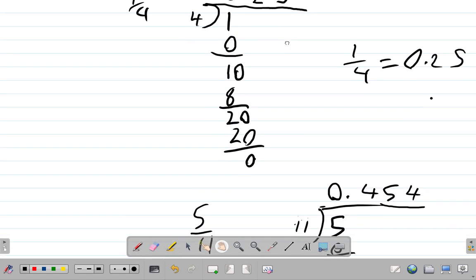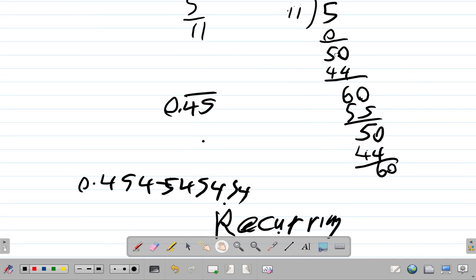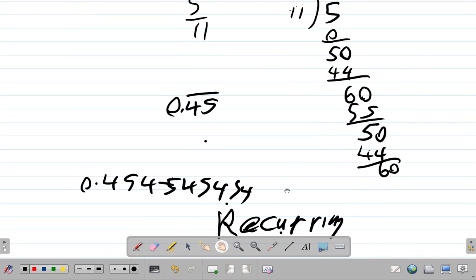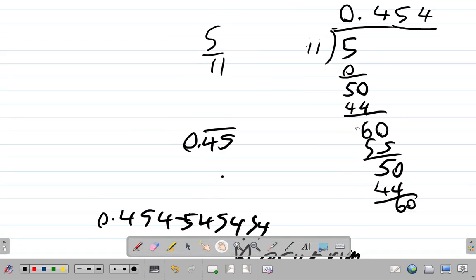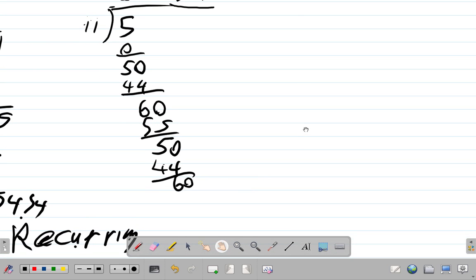What you want to do in this case now is a little homework. I want you to convert 7 divided by 13 for me as your homework.